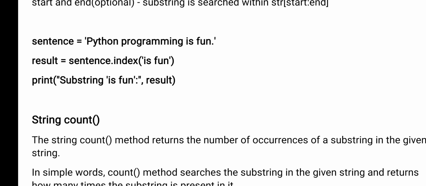Here you see the example I have given. Sentence is nothing but a variable. What is the string here? Python programming is fun. And what I want to do is find the index of a particular substring. So I write result equals sentence dot index. Sentence means whatever string is there.